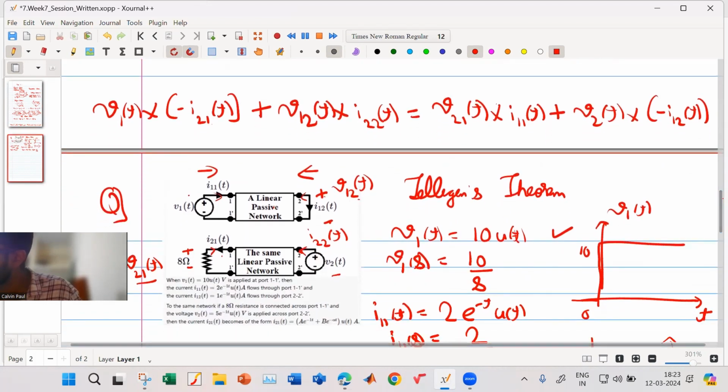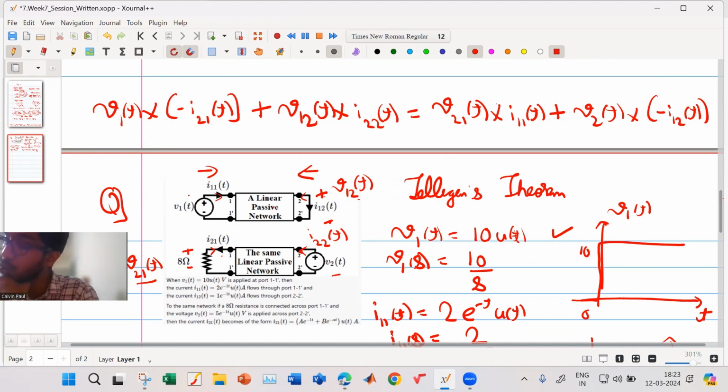What is V12 of t? V21 of t is equal to I21 of t into 8.